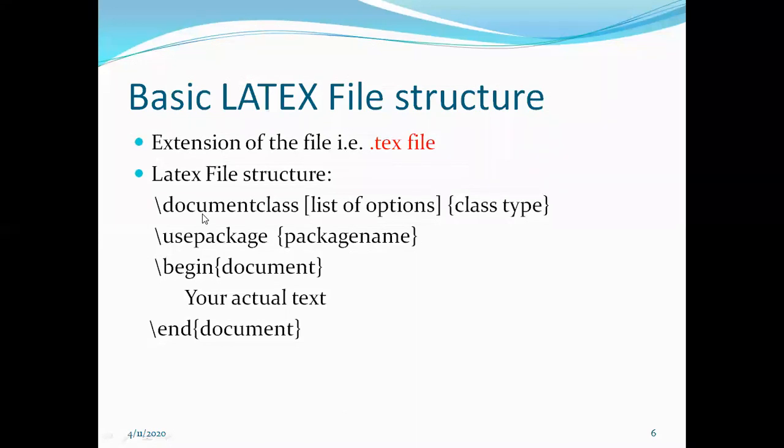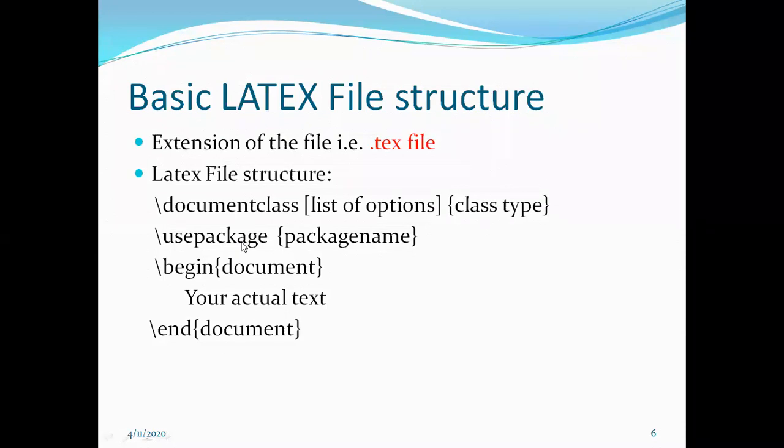There are different types of documents you can create using LaTeX. Whatever you mention in brackets is optional, and whatever you mention in braces is the compulsory field, right? So you need to mention what type of document you are going to create using LaTeX. The next is slash usepackage.